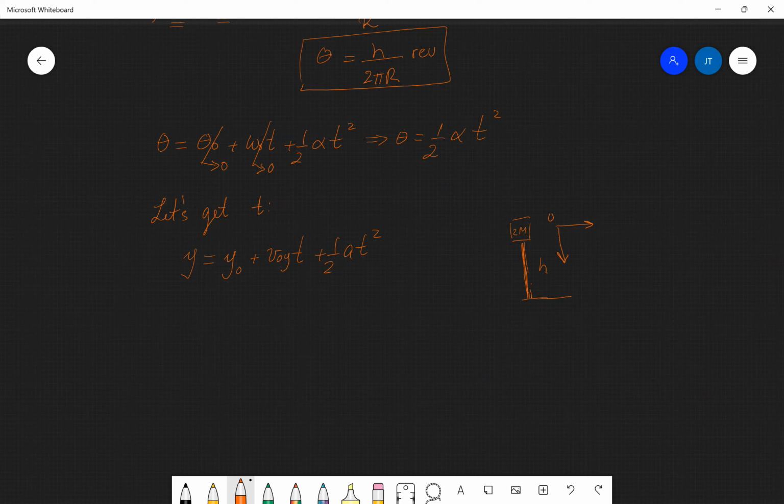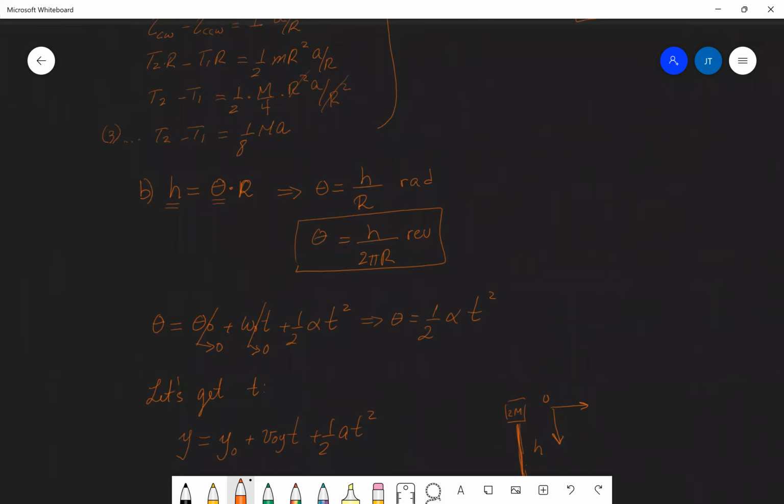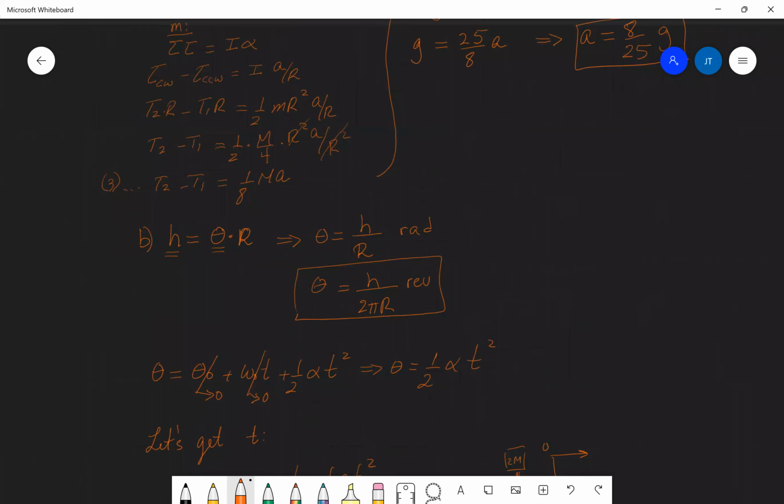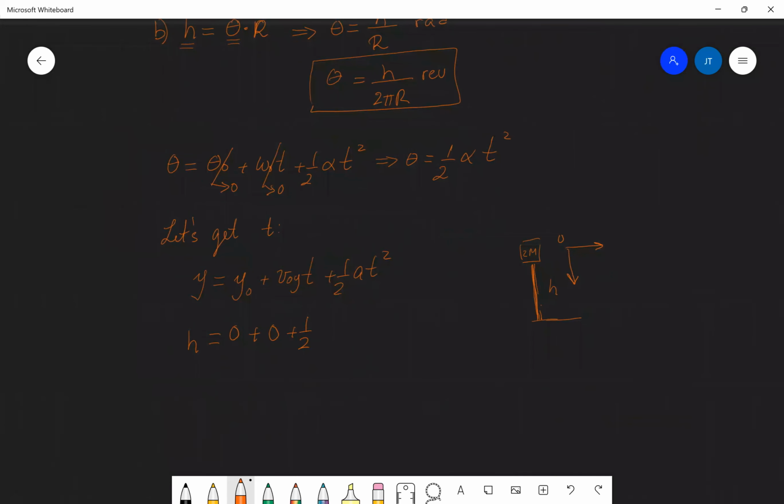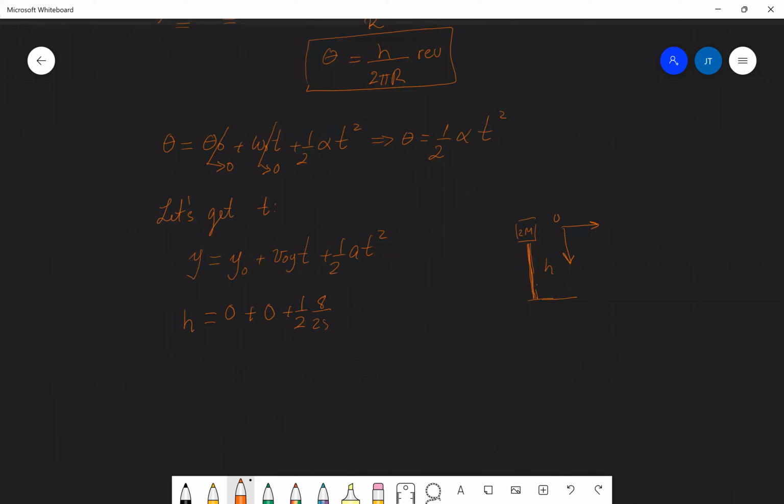So I start from 0 and I go a distance y down in the positive direction. So h is, I start from 0. Initial velocity is 0 plus 1/2 a was what? Right there, 8 over 25 g. I'll keep it as a for now. a t squared. So now get t squared. So t squared is 2h over a.